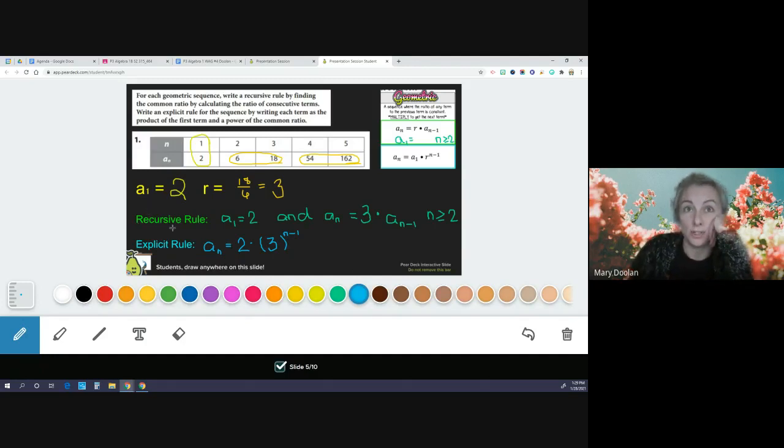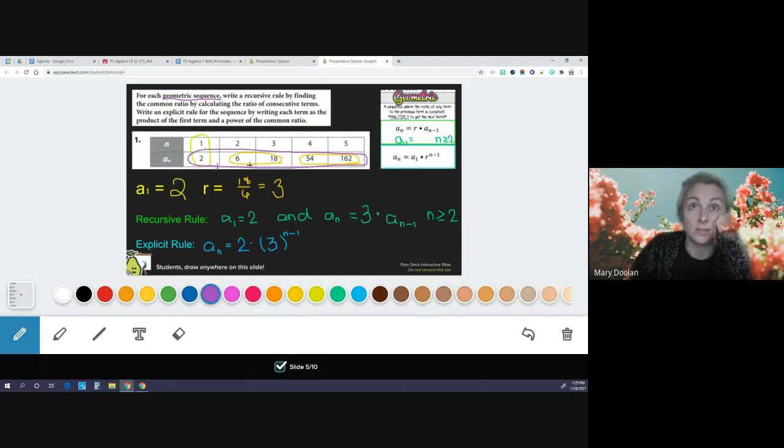So we did our recursive rule and our explicit rule. And this is an example of a geometric sequence. If I just had it listed out as a bunch of numbers, it's 2, 6, 18, 54, 162.